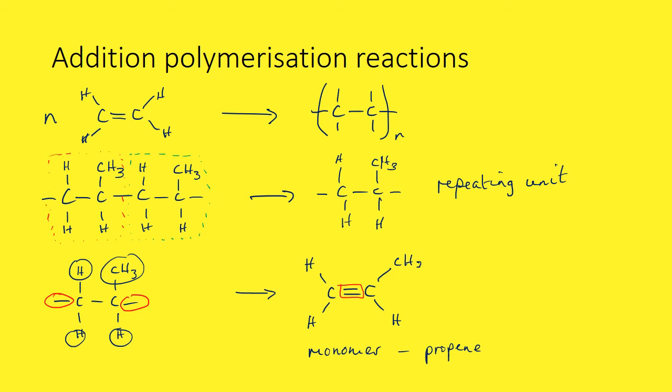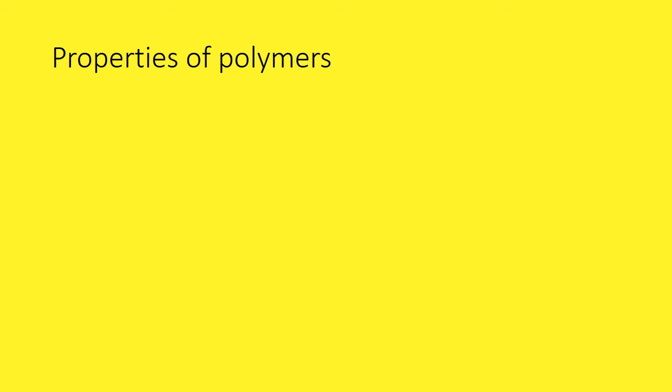The other thing that we're going to do in this video lesson is to look at the properties of polymers, and we're going to look at 3 particular plastics that illustrate different properties. So one feature of pretty much all addition polymers is that they're unreactive.